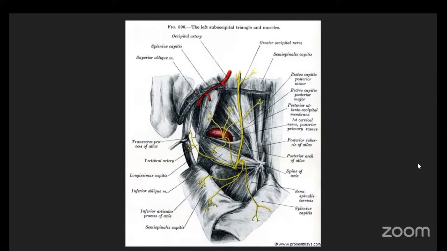Is it visible? Yes, Dr. Kaval, it's visible. I have no idea why I have lost it. It's not visible to me. Zoom is acting strange today. Let me reshare my screen. Give me a minute.